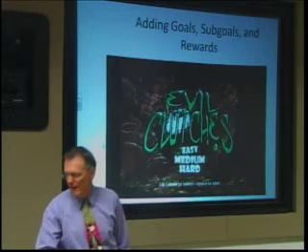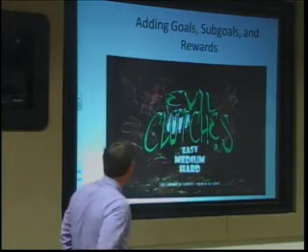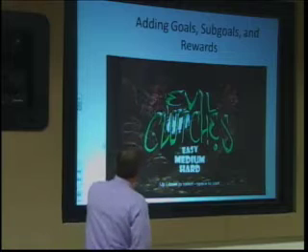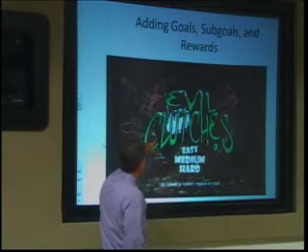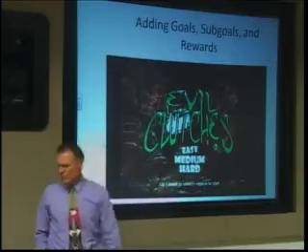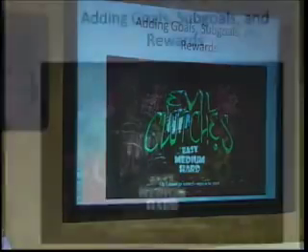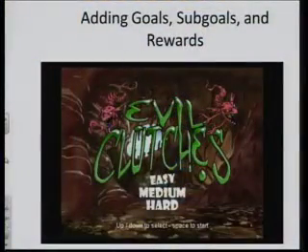And we're going to explore that using the fancier version of Evil Clutches that exists on the disk that came with your textbook. I'm going to go to the computer screen and try to open that right now for you to see.